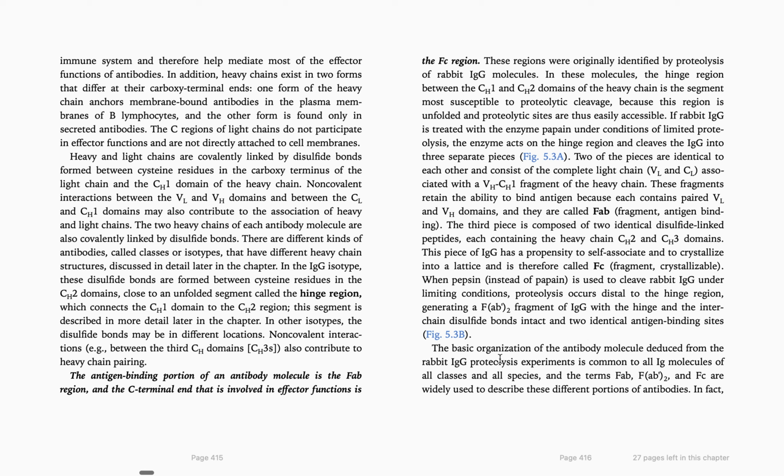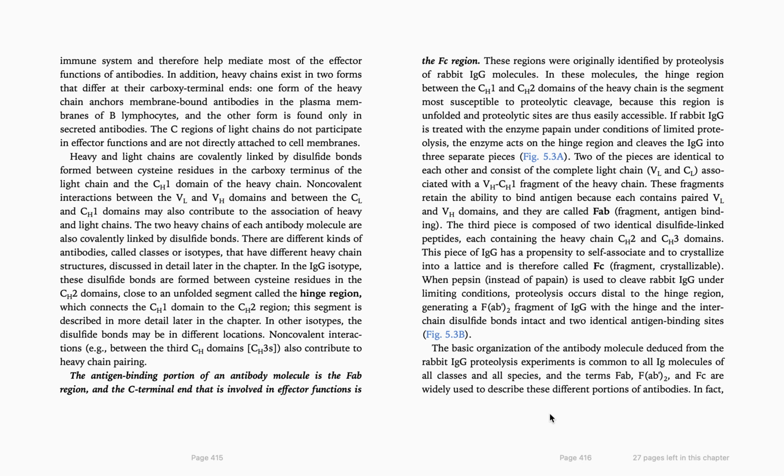The basic organization of the antibody molecule deduced from the rabbit IgG proteolysis experiment is common to all IgG molecules of all classes and all species, and the terms Fab and Fc are widely used to describe these different portions of antibodies.